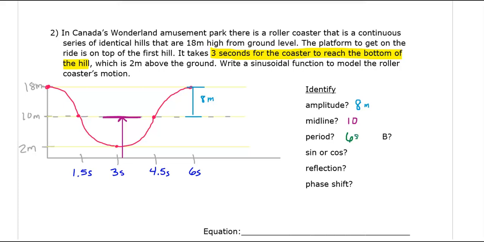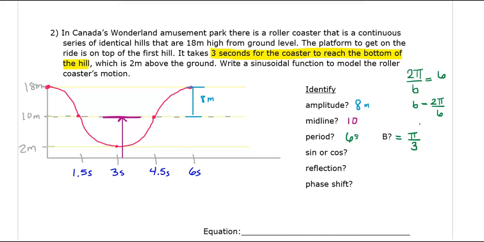So I can solve for b by saying I've got 2 pi over b, and that's equal to 6. If you haven't noticed, you swap the b and the 6, and you get b is equal to 2 pi over 6. And that's going to reduce down, and that's going to get me b is equal to pi over 3.